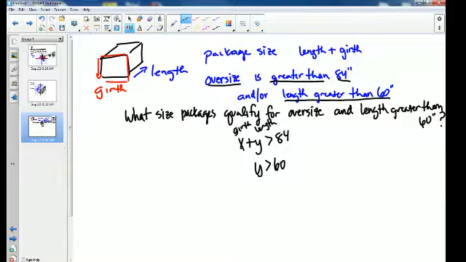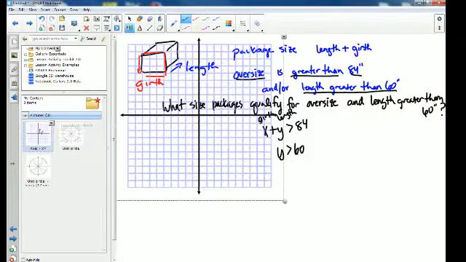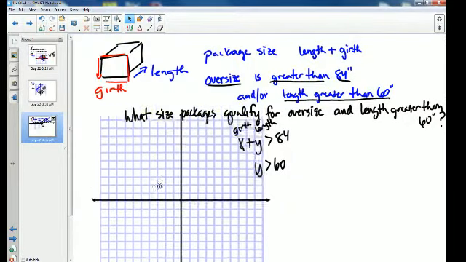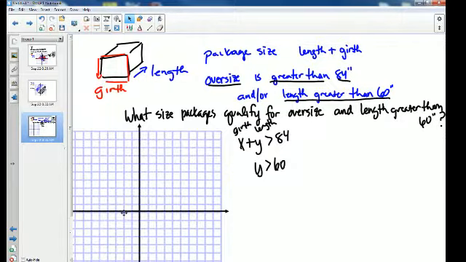Now graph those and shade, and you'll have your answer to the question, what size packages qualify for oversize and length greater than 60. We don't need negatives here, right? What scale should I use for my y-axis? 12s.